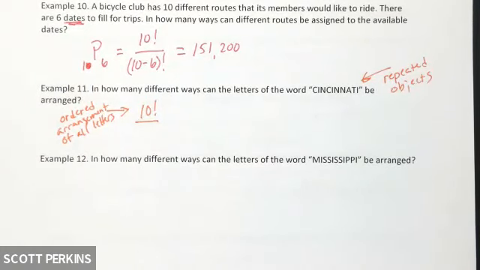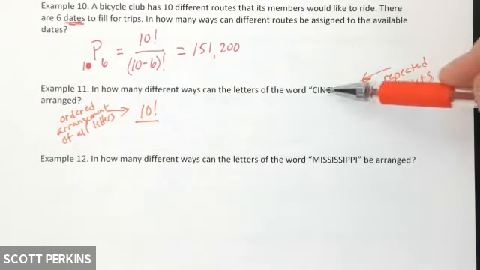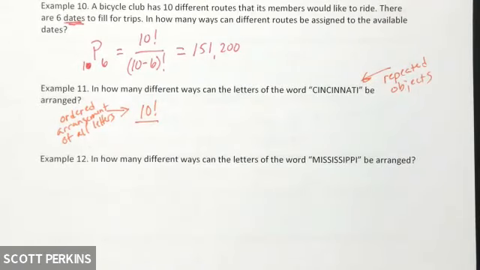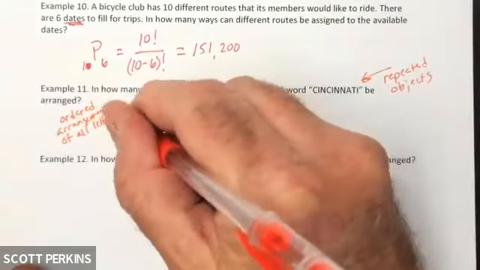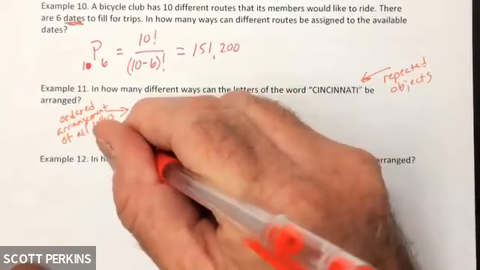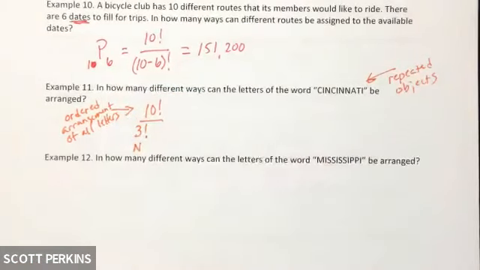Then what I'm going to do is, since in this case I have 3 n's, and they're all the same letter, it doesn't matter where they go, I'm going to divide out the ordered arrangement of those 3 same letters, all the permutations. So I'm going to divide by 3 factorial. Okay, and I'm just going to put under here, that's for the n's. There's 3 n's. They're all the same, so I'm going to divide out all the different permutations.